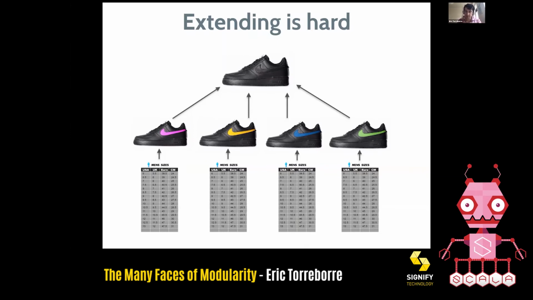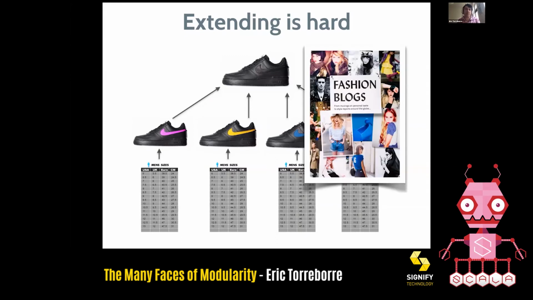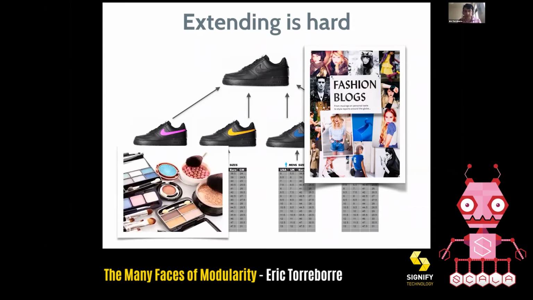But then you grow the company even more, and you want to add more information to this data model. So for example, you want to know who is talking about this particular model of a shoe, like the yellow Nike in the picture. So you want to reference more information in that data model. And actually, you don't want to sell only shoes anymore. You also want to sell cosmetic products. And how do cosmetic products fit in that picture?